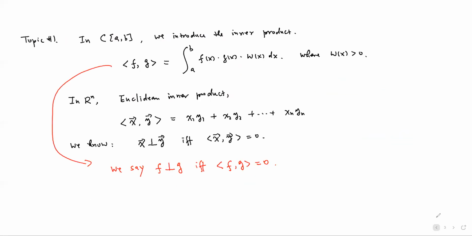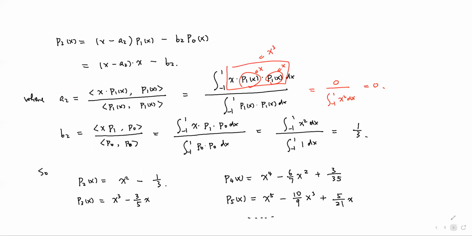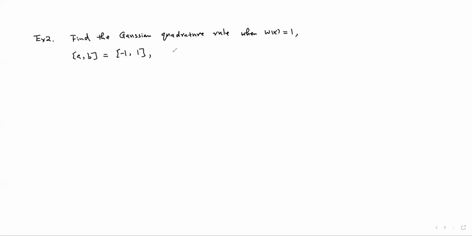In Gaussian quadrature, we have n, where n plus 1 is the number of roots. Now I set n to 2.